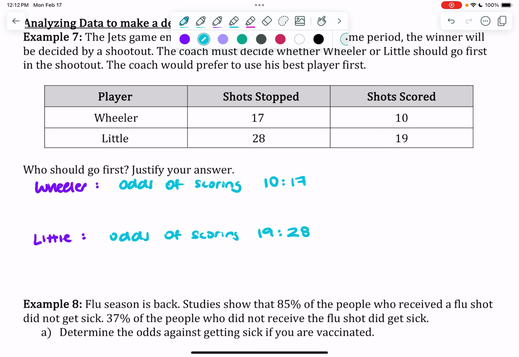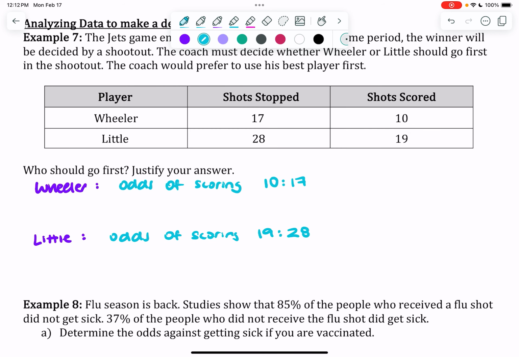But if I converted those to a probability, that can be a little bit more helpful. The probability of scoring has that 10, but my denominator is the total, so 10 plus 17, which is 27. I could do the same thing for Little. The probability of scoring is 19 over the total, which is 19 plus 28, which is 47. Now you might say, Miss T, that doesn't actually help.